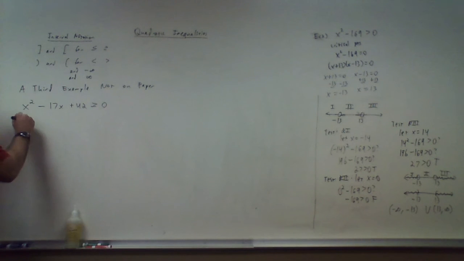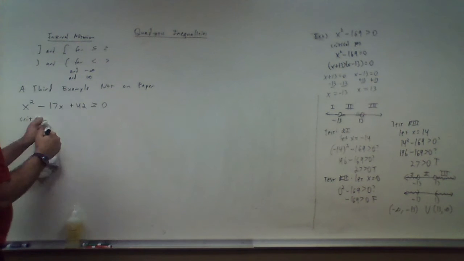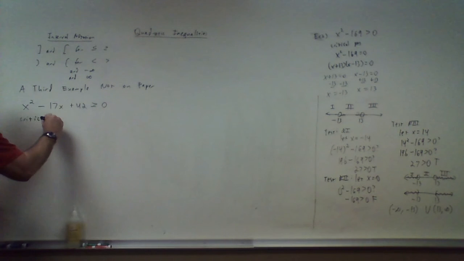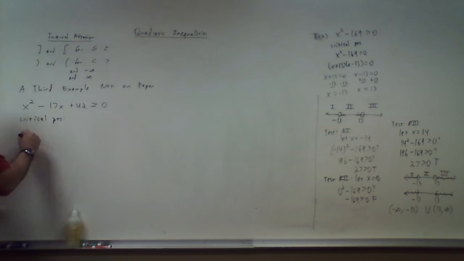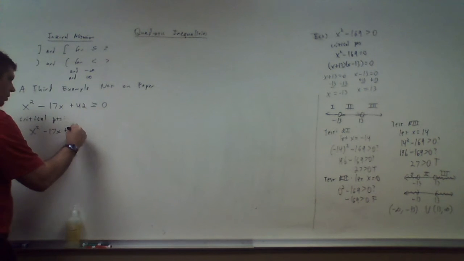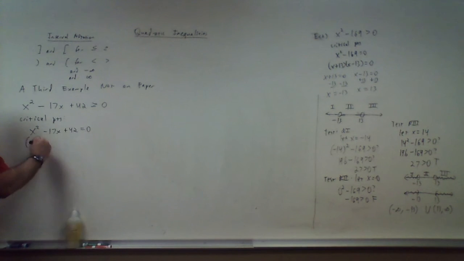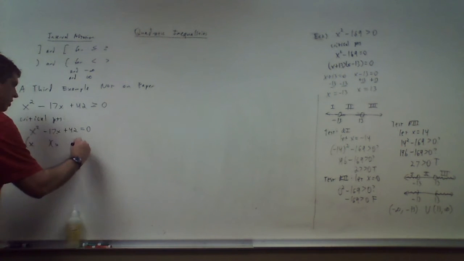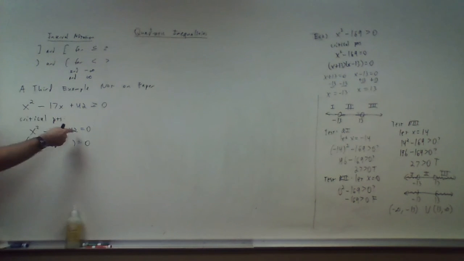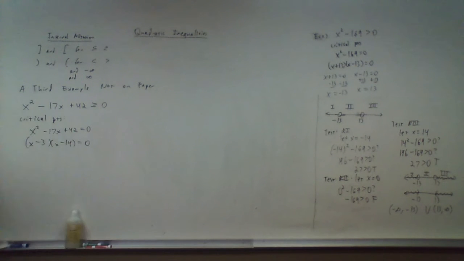Okay, critical points. That is where x squared minus 17x plus 42 equals 0. And so I want to solve it by factoring. Two factors of positive 42 that add to negative 17 are negative 3 and negative 14.